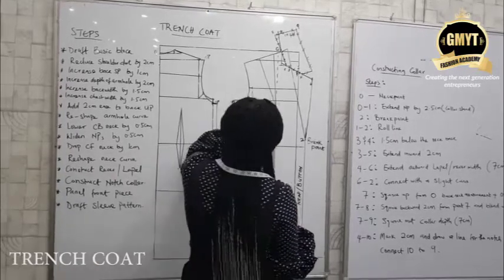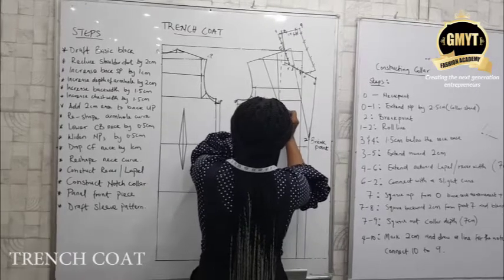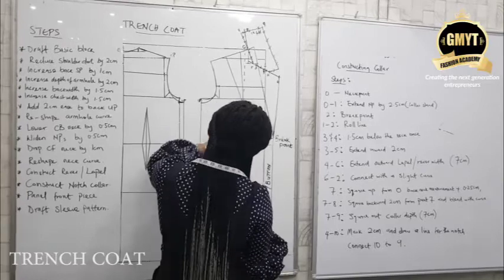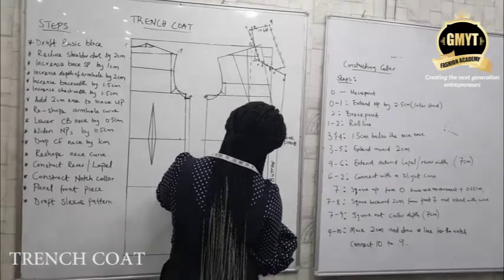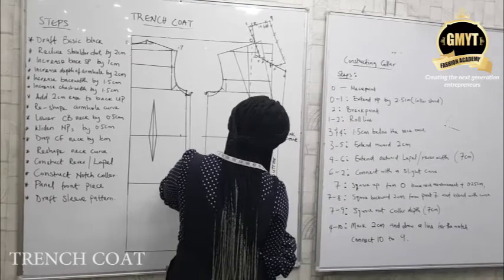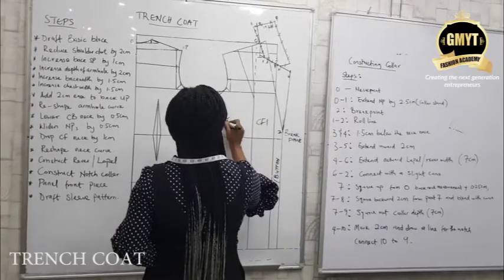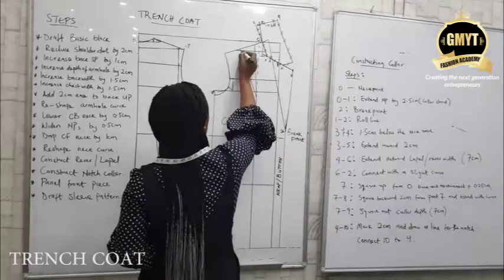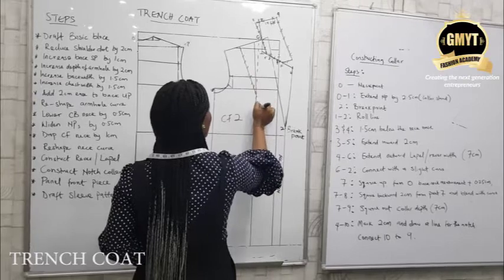So just extend this dart line to your hem and label CF1 and CF2. So when you are cutting your panel, you cut that way.